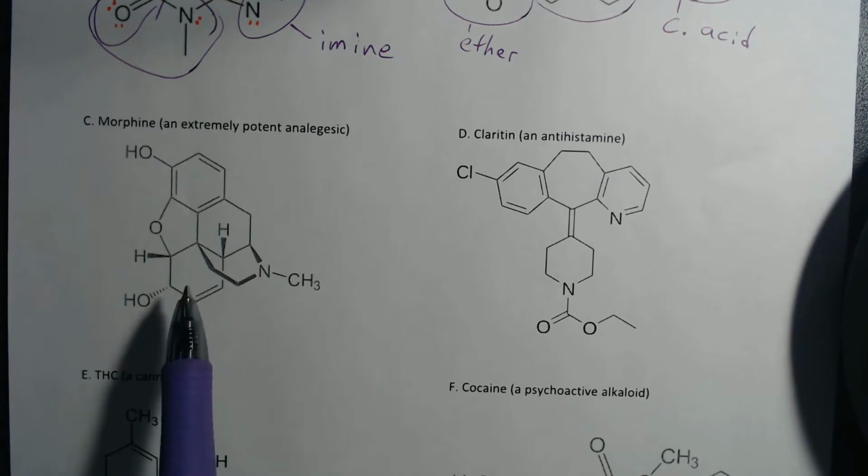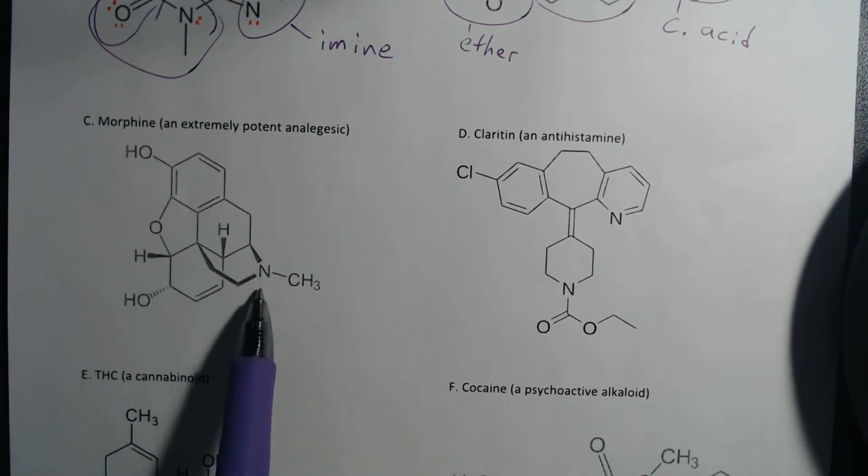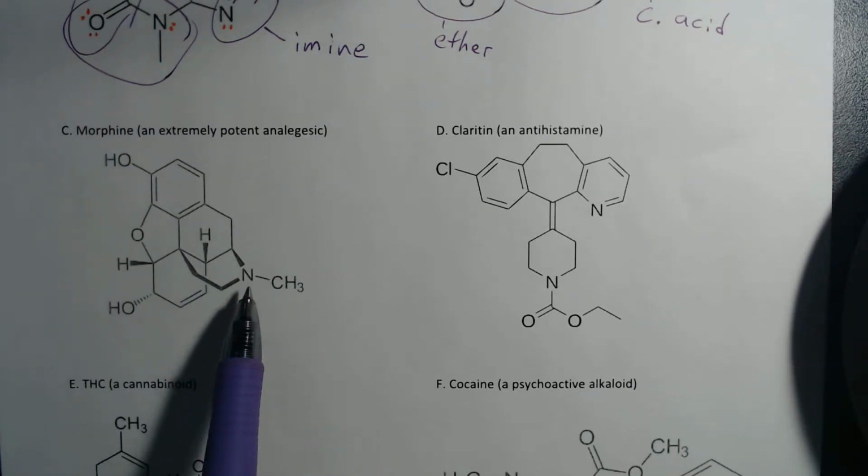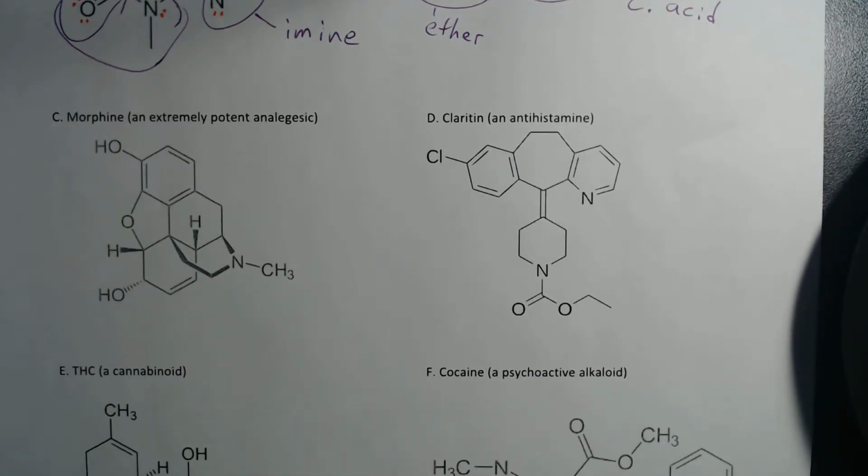Also notice how that piece right there looks kind of funny, the way it's drawn with the bold lines. That's basically a big wedge coming out at you, so the whole ring is coming out at you. That's typically how we represent a 3-dimensional ring, at an angle towards you.